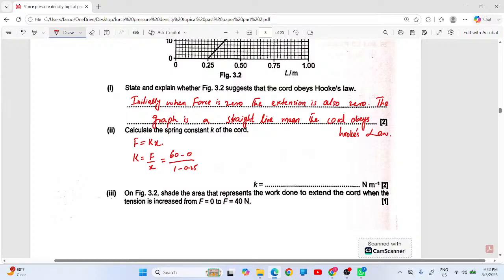So calculate. 80. So 80 Newton per meter.